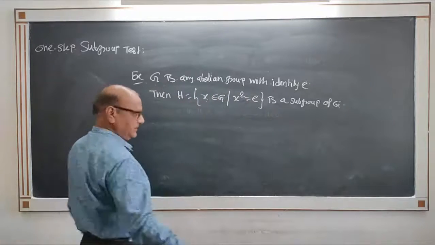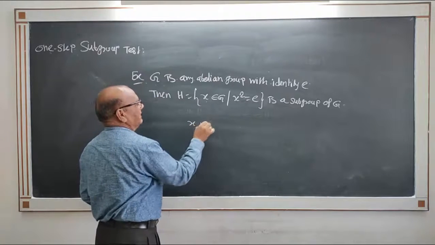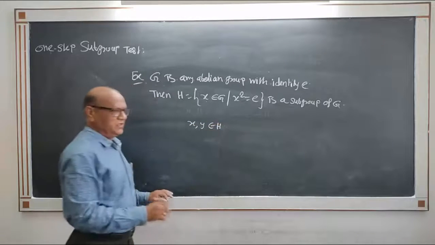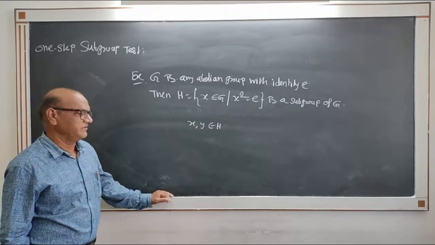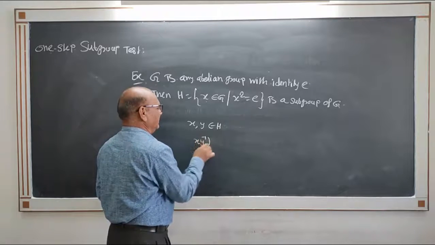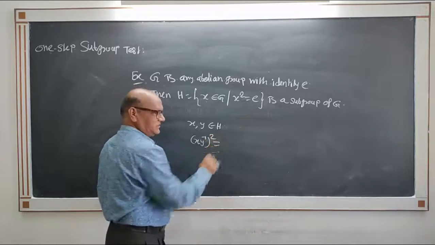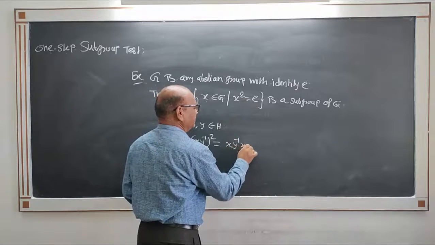Here, by this property, we only need to show that X Y inverse belongs to H. Now see here, (X Y inverse) square is equal to X Y inverse times X Y inverse.